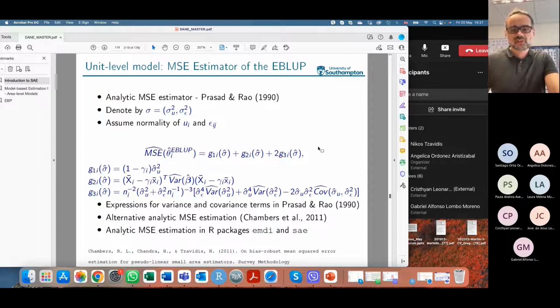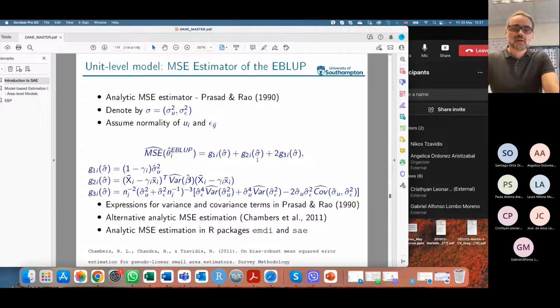The expression for G3 is more complicated, and it depends on variances and covariances that I have not given you formulae for because they're quite long, but you can find the expressions in the paper by Prasad and Rao. The good news is that this estimator has been programmed in various packages, including the sae package and the emdi package.